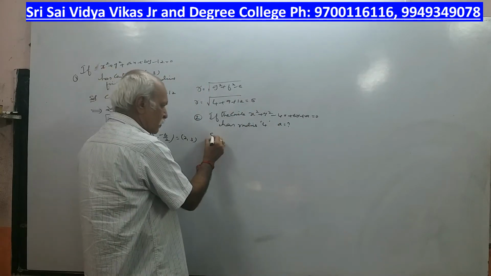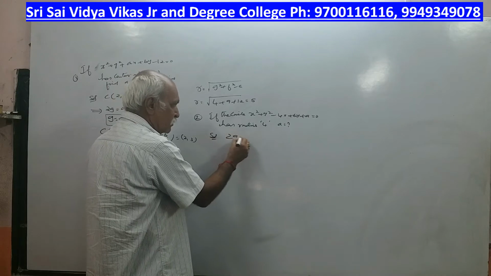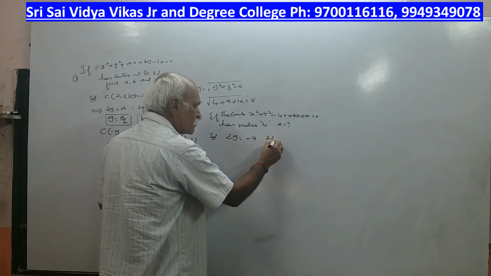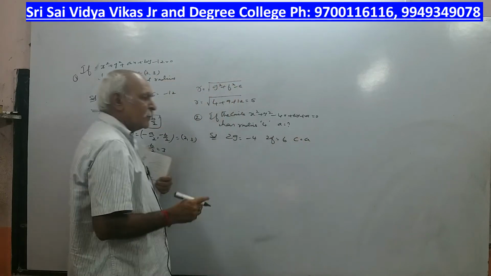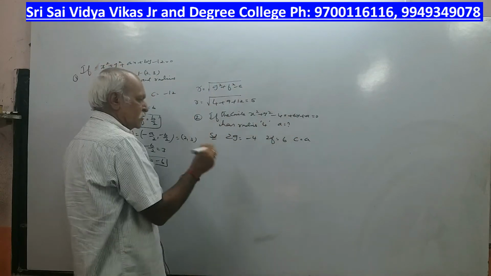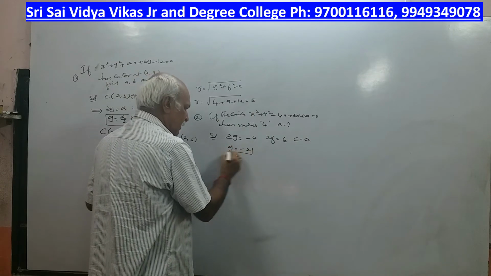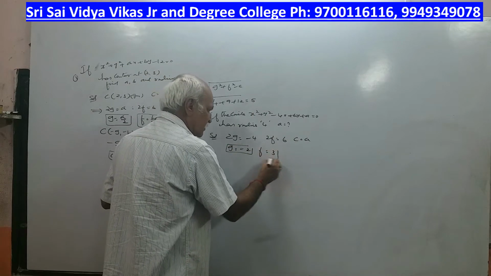Okay, so solution. 2g is equal to what? Minus 4. 2f is equal to 6. The c value is a. So comparing the x coefficient and y coefficient, what is the g value? Minus 2. The f value is 3.